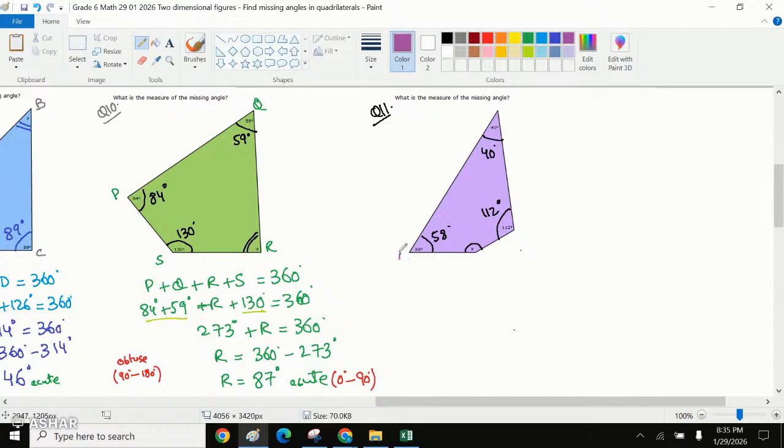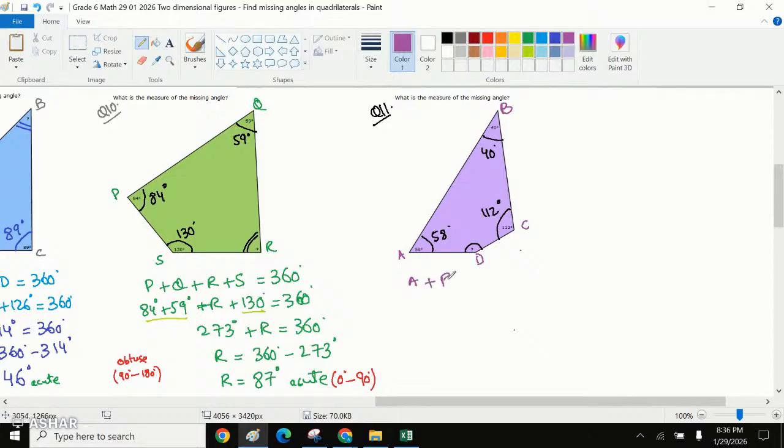I can label this as A, B, C, and D. Just by looking at the diagram, what we can see is that angle D should be obtuse, right? Like previous question number 10, we saw that it was less than 90 in the diagram, so that's why it was acute. This should come out to be more than 90. That would be obtuse. Let's confirm.